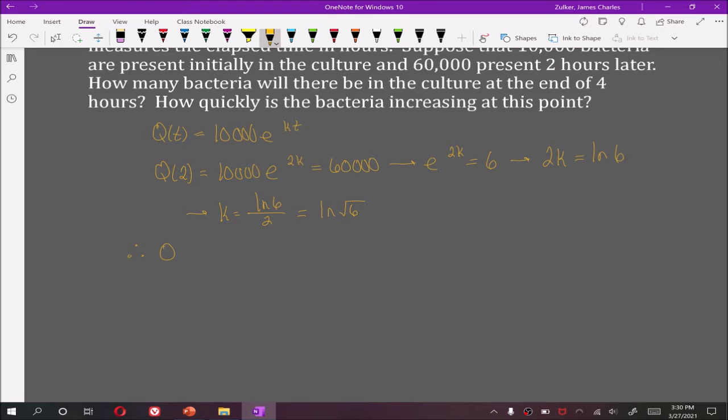Therefore, our model, Q of t, is 10,000 e to the t times log of root 6. So for this particular problem, our exponential growth model is right there.